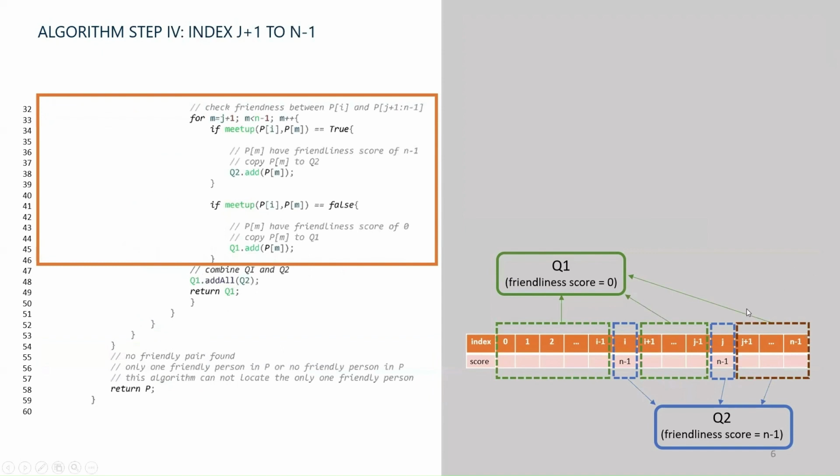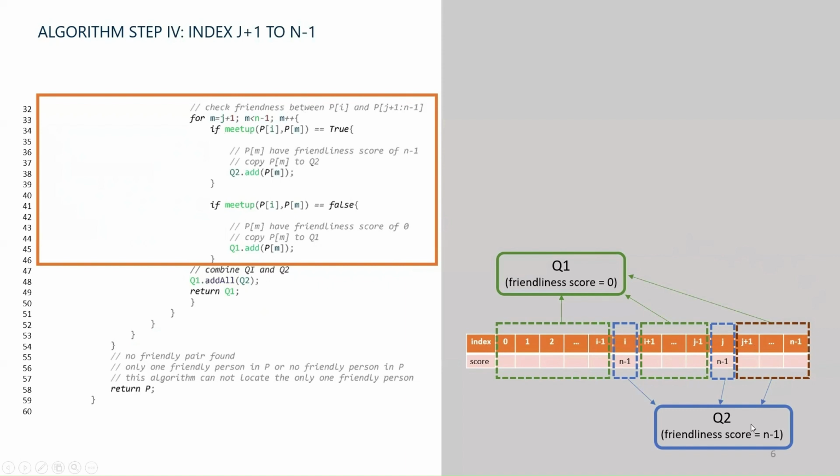Now we'll look at this last portion of the list. Because we know Pi has friendliness score of n-1, if we call meetup with Pi and each person from j+1 all the way to n-1, by this loop, if it returns true, that means this person has friendliness score of n-1 as well.